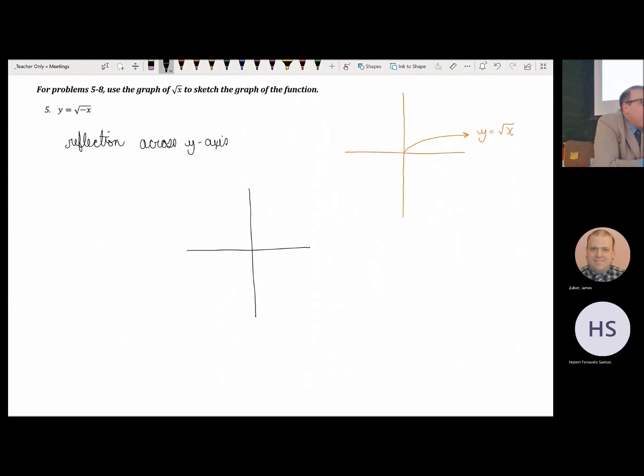If we reflect it across the y-axis, it'll be something like that instead. So there we go.